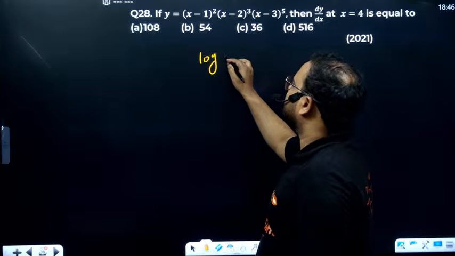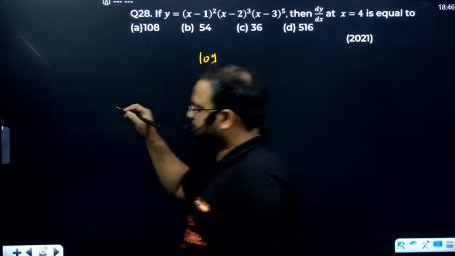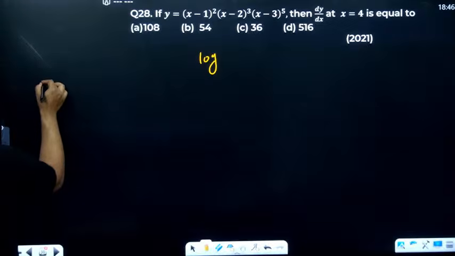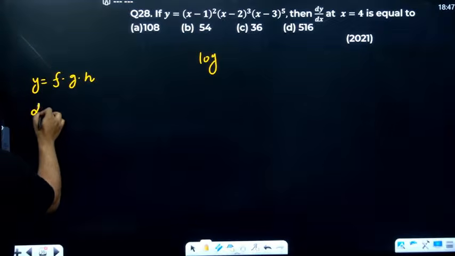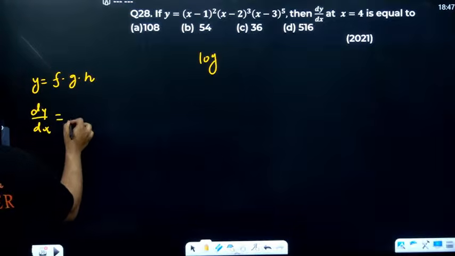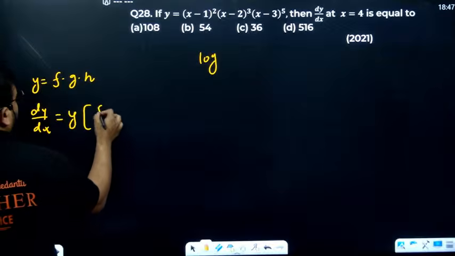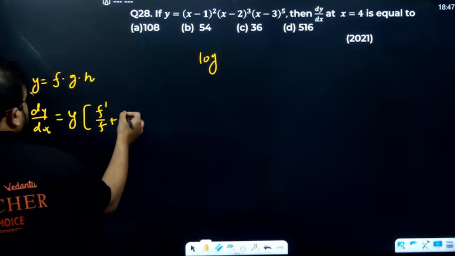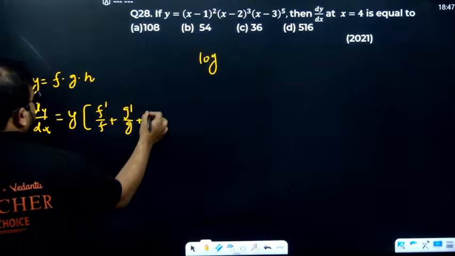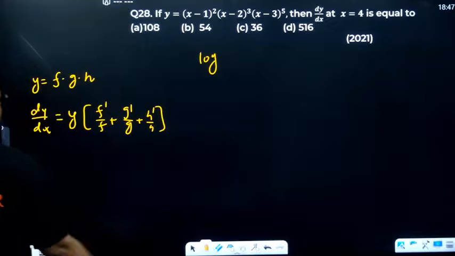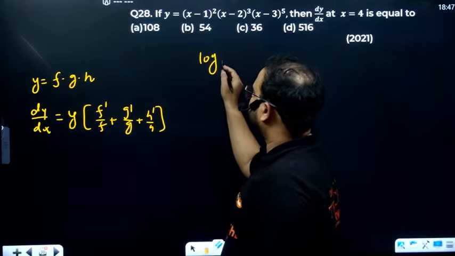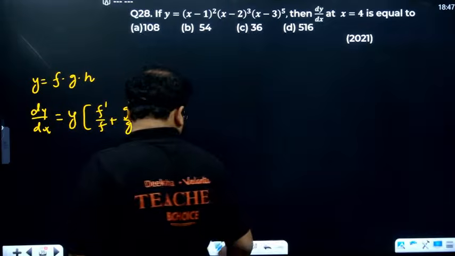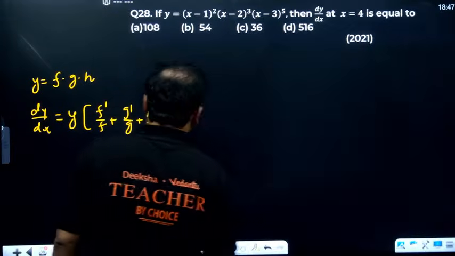If you have y equals to f into g into h, then dy by dx is given by y times of f dash by f plus g dash by g plus h dash by h. Please remember this formula. Okay. How does it come? By taking log. I can show you.